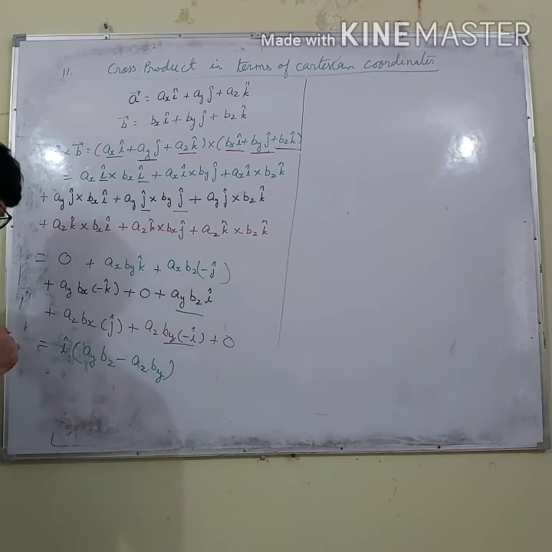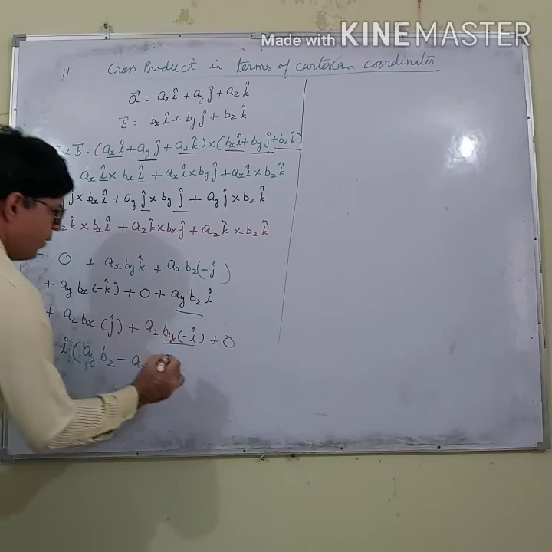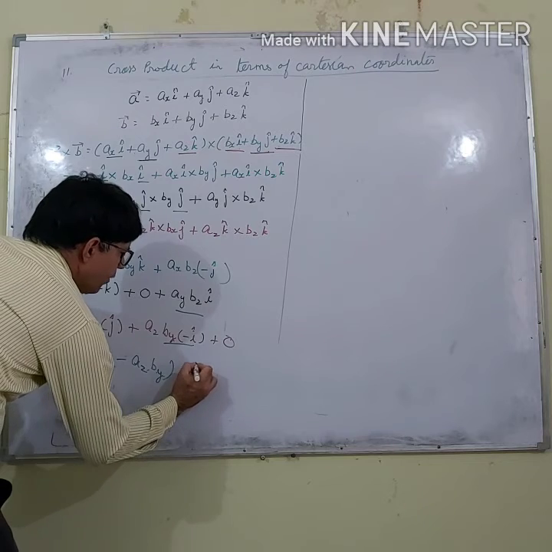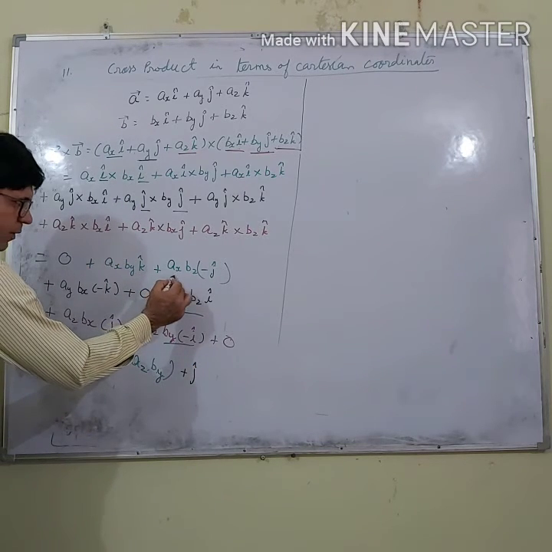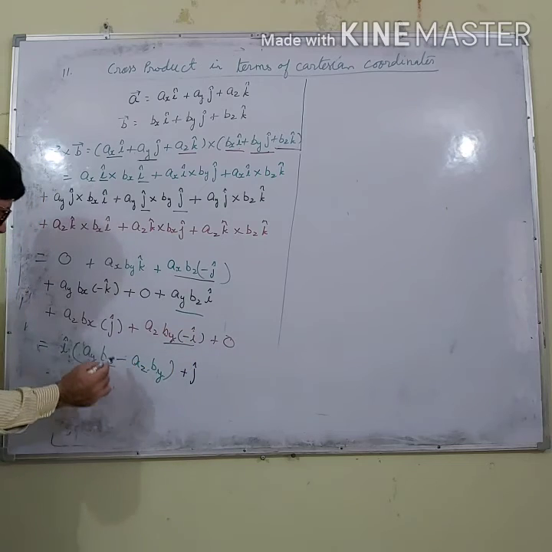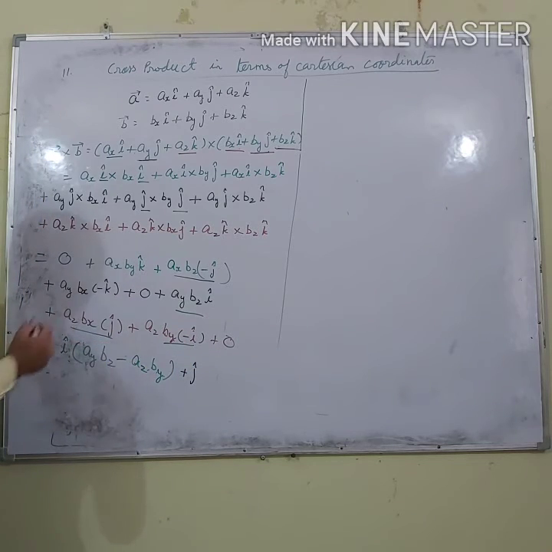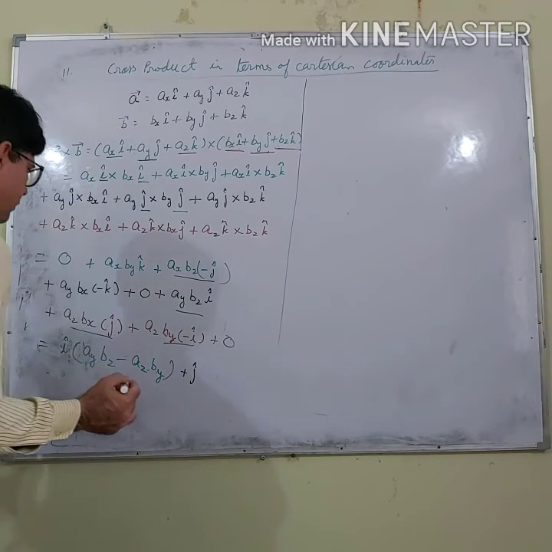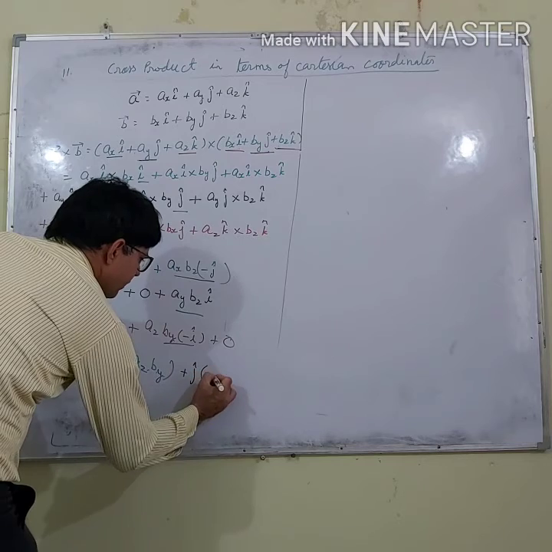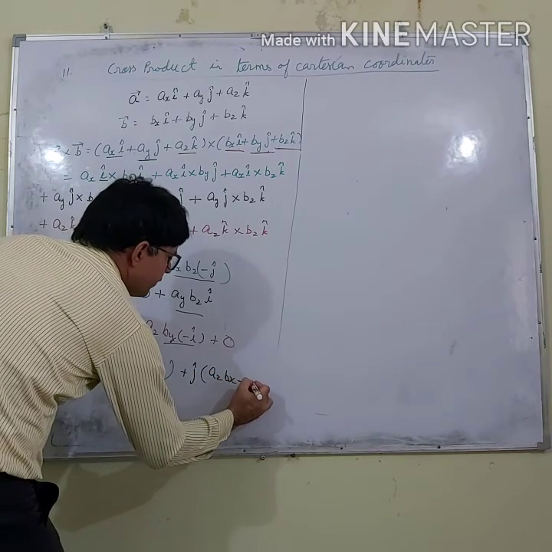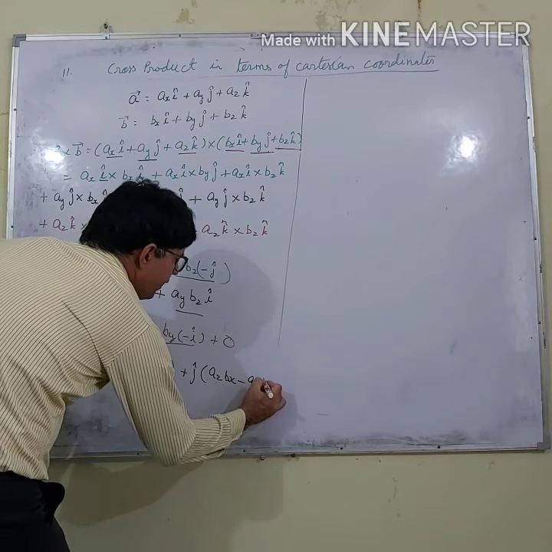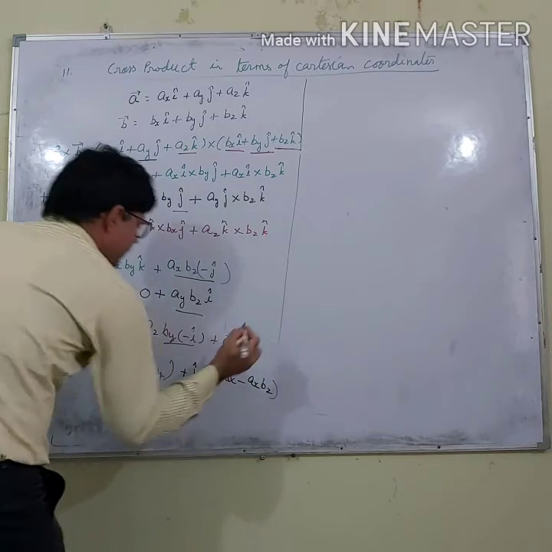Now the term of j cap, where you are having j cap, minus A_x B_z and A_z B_x. So I can say j cap is A_z B_x minus A_x B_z.